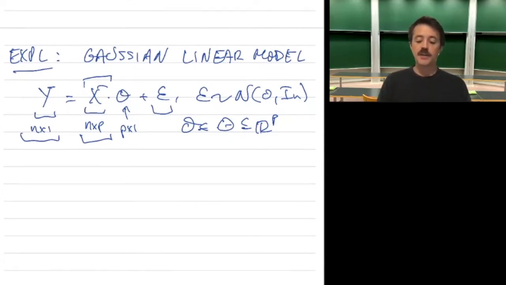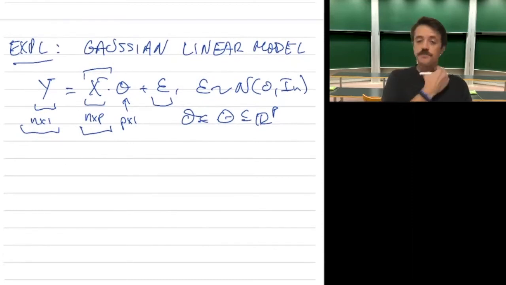But it has a peculiarity, at least for us, since we've been talking about samples as IID copies of a random variable. Actually, this doesn't really classify as an IID sample, because if we look at the ith observation, so one of the entries of this capital Y, one element of the sample, then this is going to be given by the ith row of the X matrix times theta plus epsilon i.